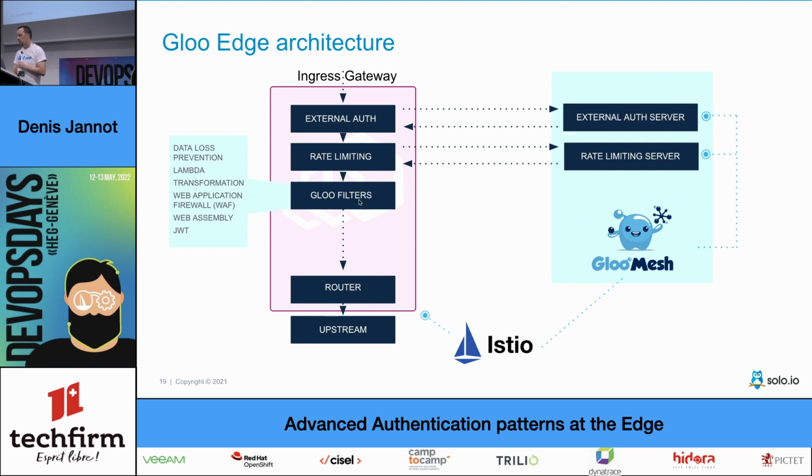And we have this Gloo Mesh management plane that is exposing an API that is very easy to work with. So basically, the user will be able to define with YAML very easily what they want to achieve, and Gloo Mesh will translate everything into Istio and then Envoy so that you can achieve the same benefits.